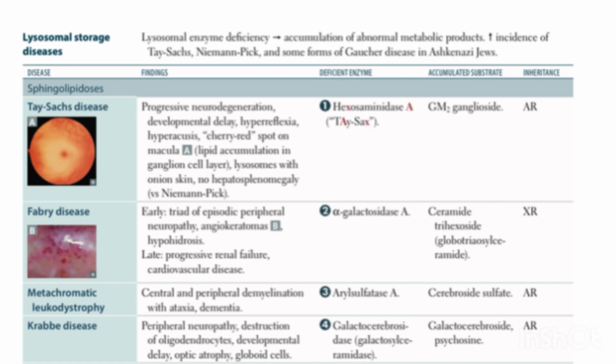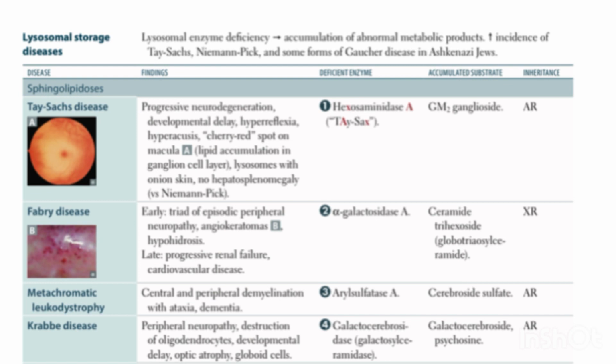Metachromatic leukodystrophy. Enzyme deficient is arylsulfatase A. The substrate accumulated is cerebroside sulfate. Clinical features are central and peripheral demyelination with ataxia and dementia. Autosomal recessive inheritance. Krabbe disease. Enzyme deficient is beta galactocerebrosidase.